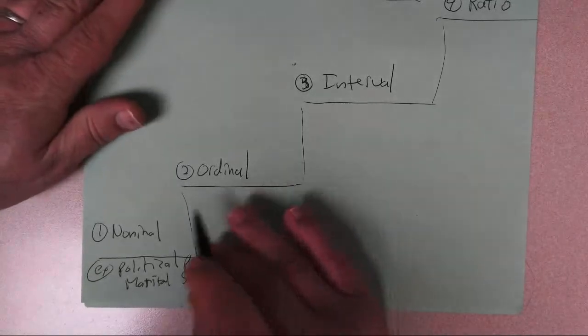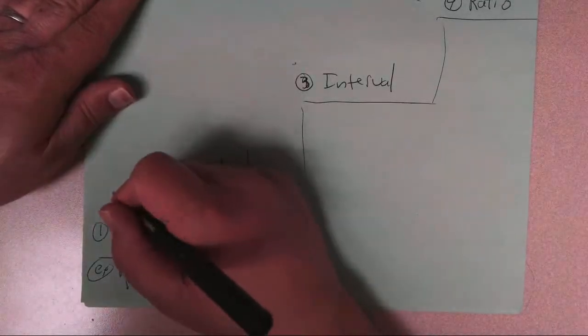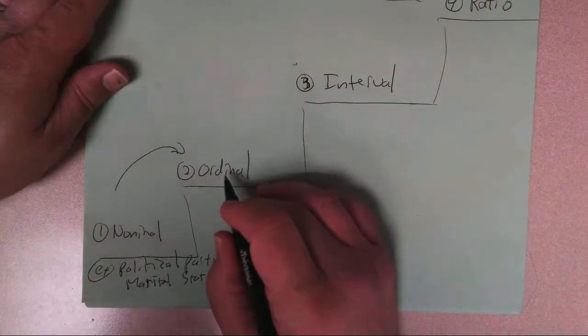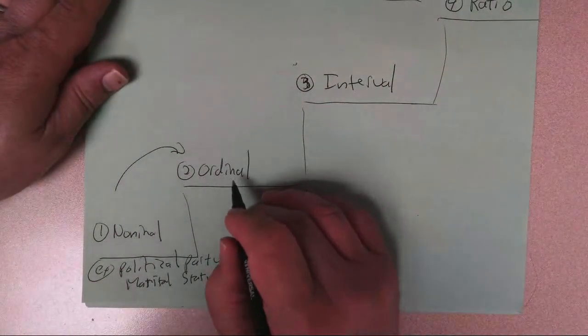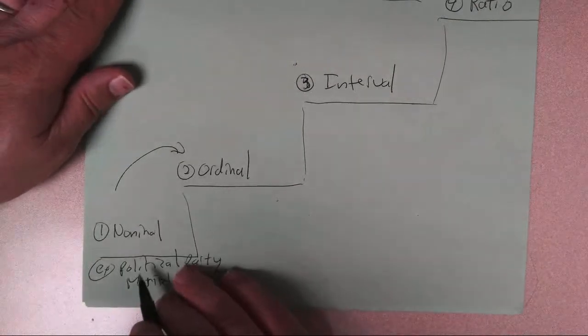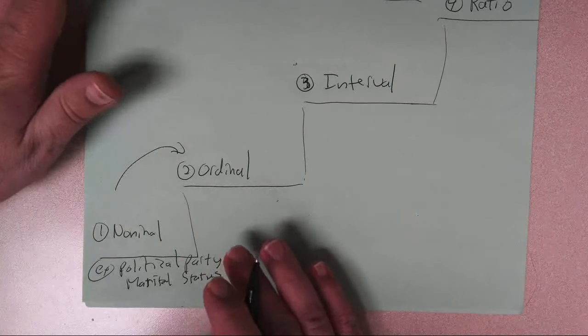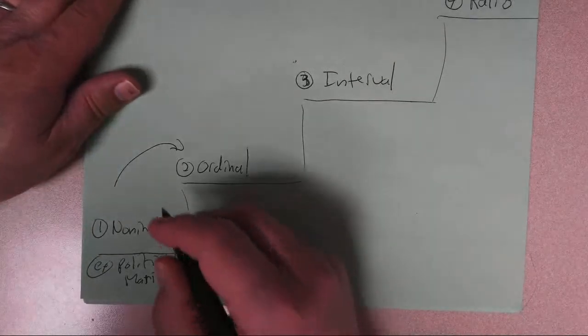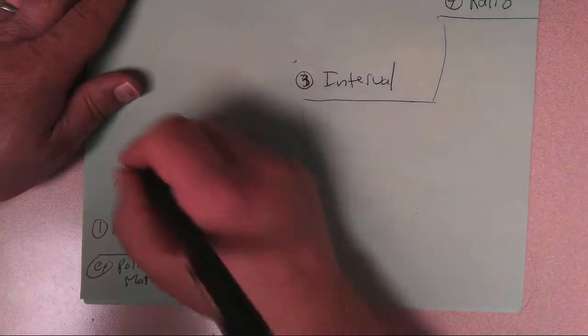Okay. Now the difference between nominal and ordinal as you go up the scale is that the ordinal scale of measurement adds order to these categories. So these categories don't necessarily have a natural ordering to them, and so that's what ordinal adds.